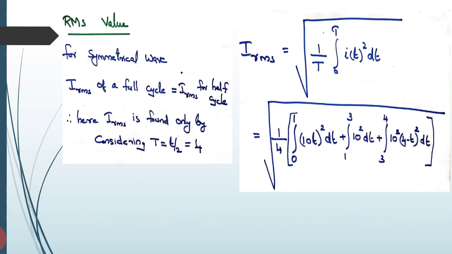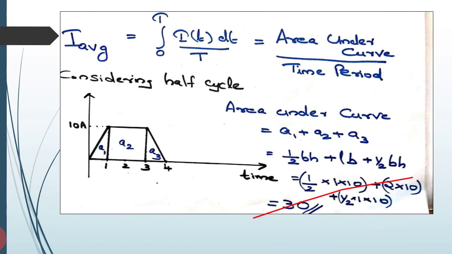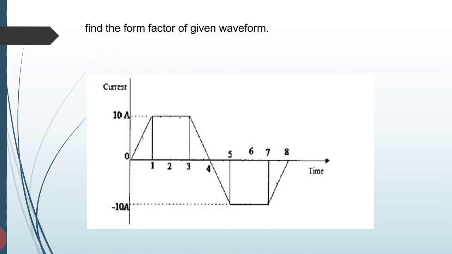While finding the RMS value, if the waveform is not symmetrical, you have to consider the time interval as 8 itself. From this waveform it is clear that it is symmetrical, so we are considering the time period as 4. Otherwise, if the waveform is different in the positive and negative half cycles, you have to write the equation for each interval: 0 to 1, 1 to 3, 3 to 4, again 4 to 5, 5 to 7, 7 to 8.